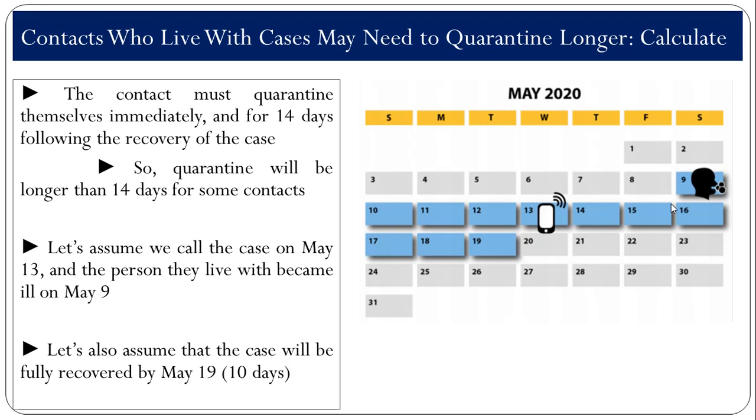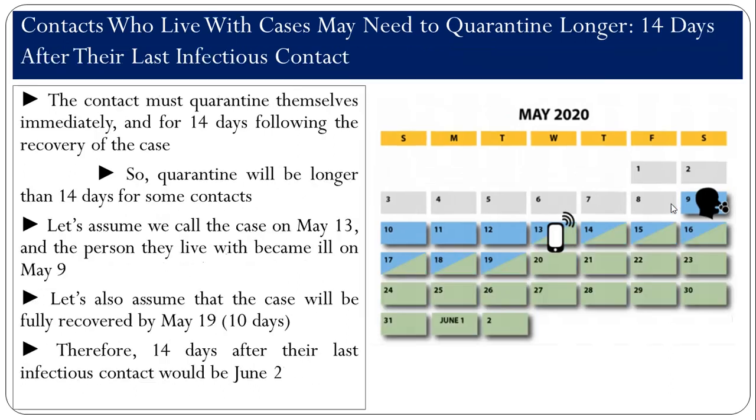Let us also assume that the case will be fully recovered by the 19th. This would be 10 days since their onset of illness. So, therefore, if the contact has to quarantine themselves for 14 days after their last infectious contact, then they would need to quarantine through 2nd June, because that would be 2 weeks after the full recovery of the case.